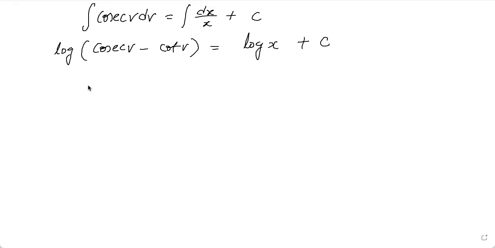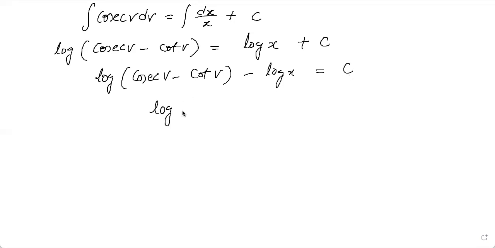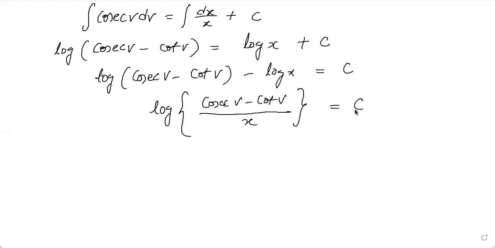Now let us take all the log terms to one side. So it should be log of cosecant v minus cot v minus log x is equal to the constant, or log of cosecant v minus cot v by x, which is constant.